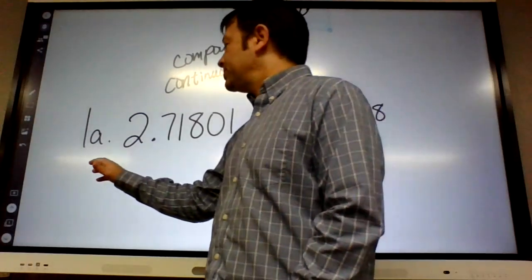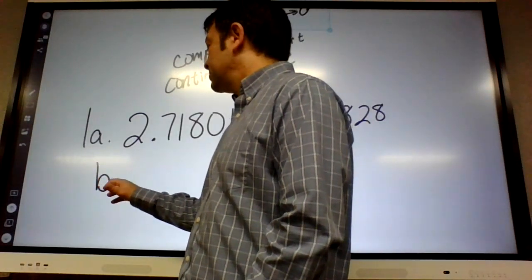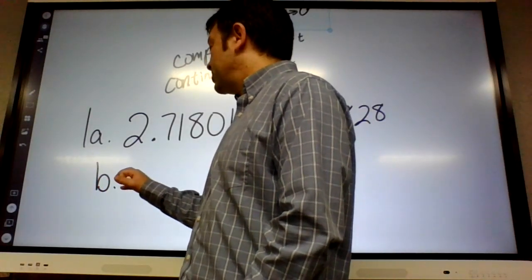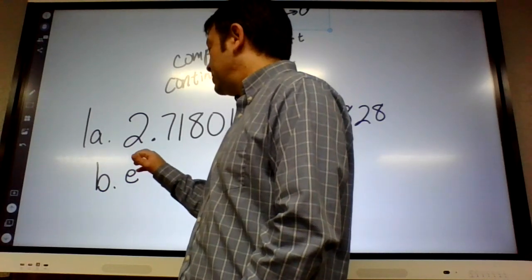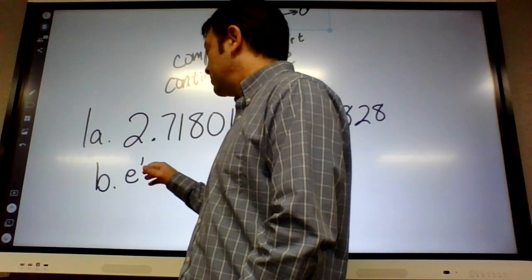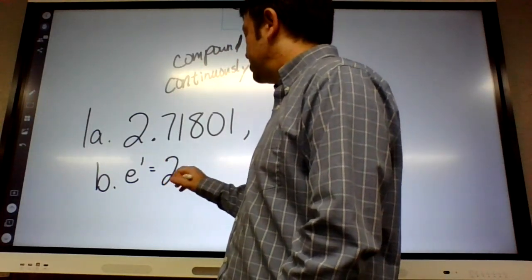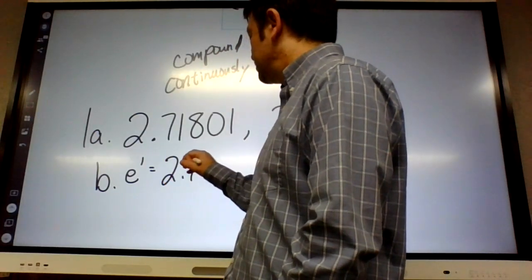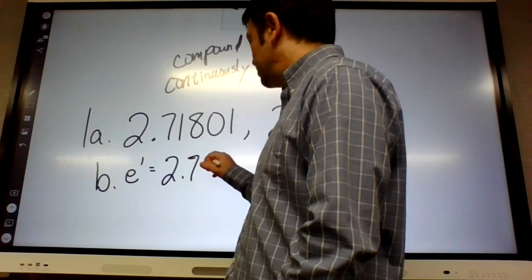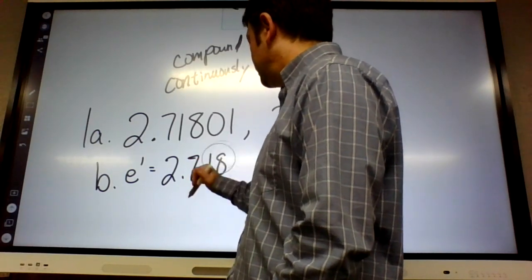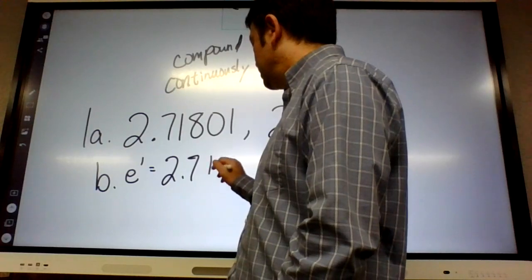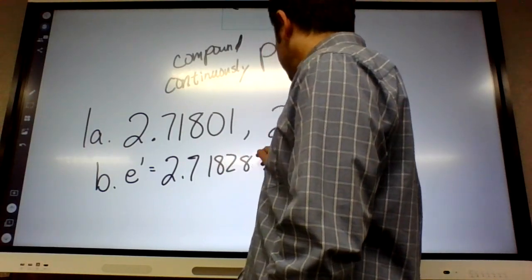So on B, they want you to compare that to the value of e. On most calculators, you have to plug in e to the 1 to figure out what e is. We just did that earlier. It was 2.718, I think something. 18281.